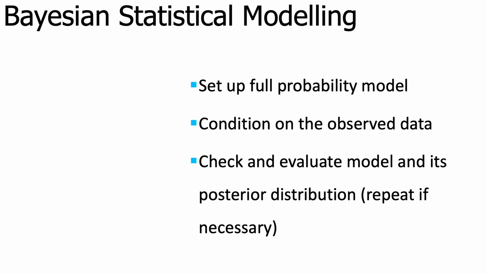And then, having this conditional probability distribution, we can now check and evaluate our model. So this new distribution that incorporates our prior knowledge, so our probability model, and our data is called the posterior probability distribution, which comes from the Latin a posteriori.